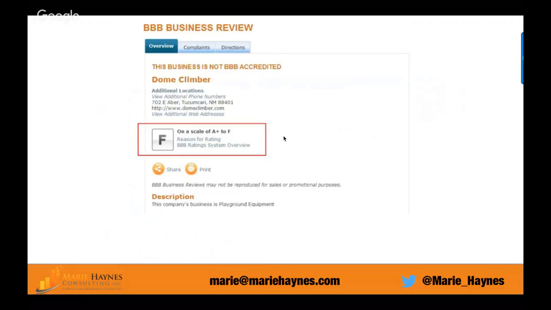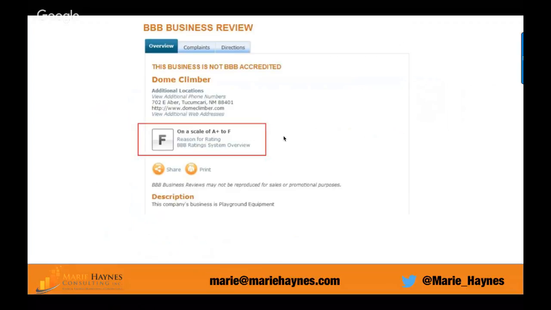But what they point out, and this is a screenshot again from the Quality Raters Guidelines, is that if a business has an F rating on the Better Business Bureau, that's a sign of very low quality. And so this particular business, Google does not want to rank well. So if you have a poor rating on the Better Business Bureau, that's something that you really want to improve upon, and you want to work at getting better reviews.